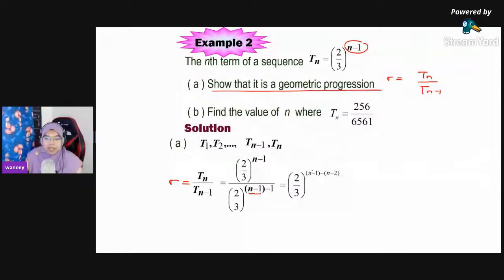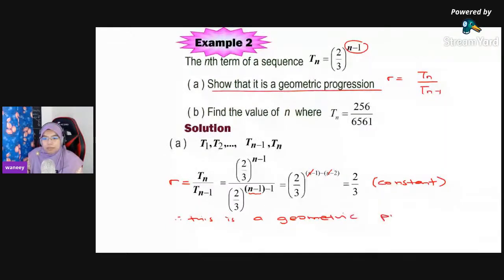Of course, n minus n cancel out. So we have negative 1, positive 2, so it will be 1. The answer for this is simply 2 over 3. Since we have a constant as our common ratio, therefore this is a geometric progression.